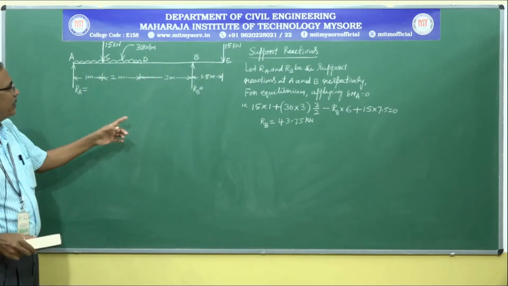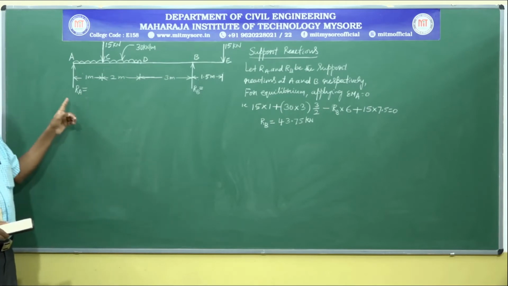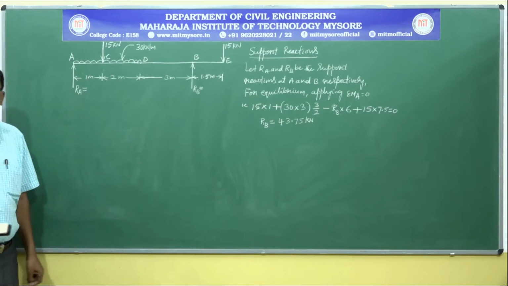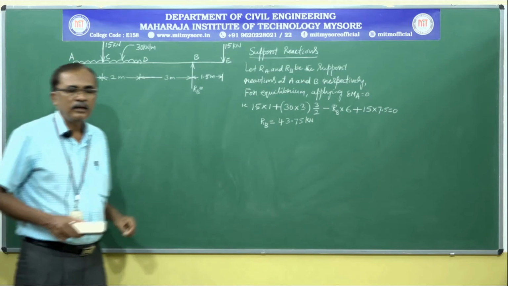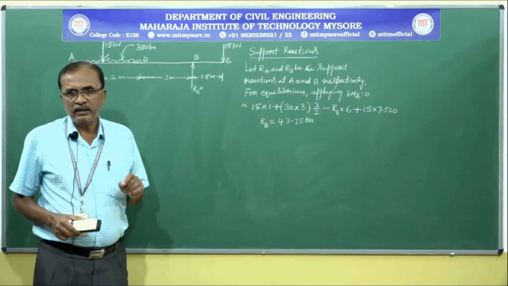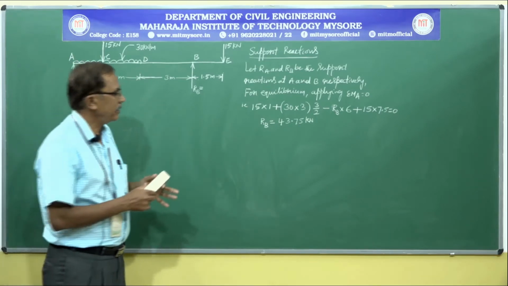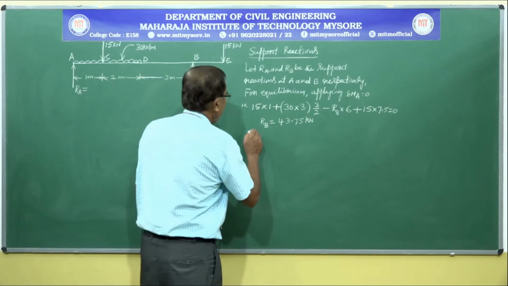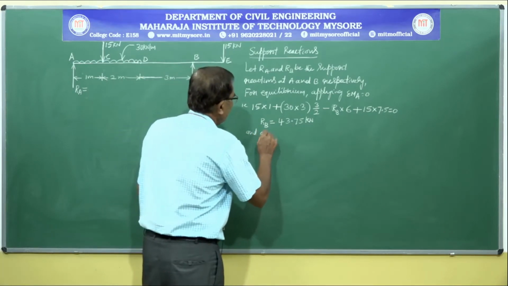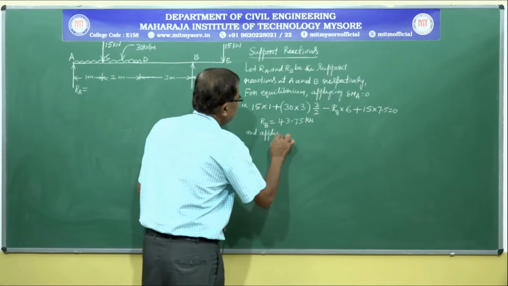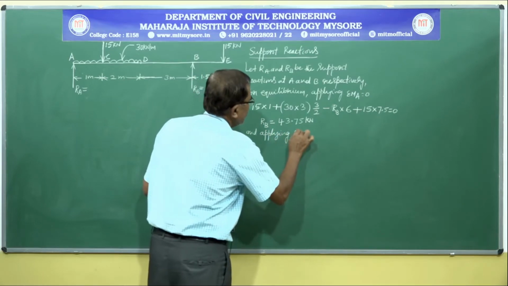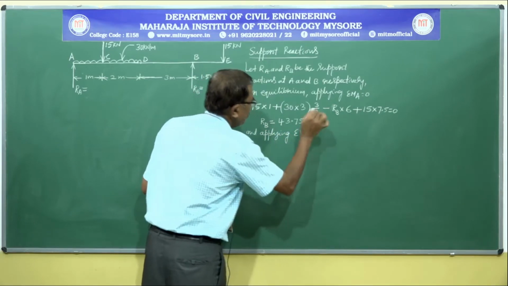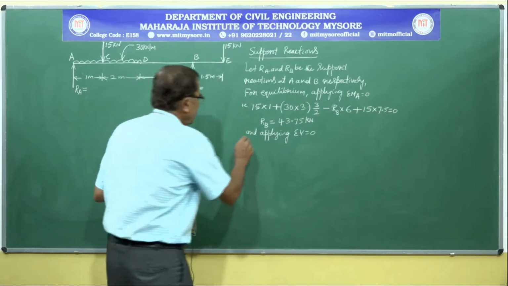So we calculated RB. Another unknown, RA, can be easily calculated by applying another known equilibrium condition. Let us apply the force equilibrium condition, sigma V is equal to 0, vertical force equilibrium condition.